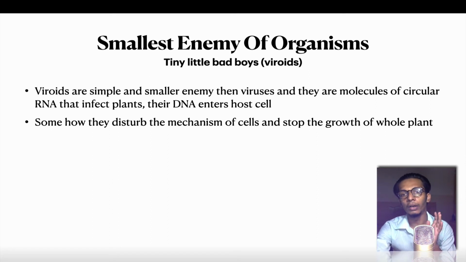This is why we do not exactly know the physiology of the viroids and prions, but we have some hypothesis that they have a DNA and that DNA enters the host cells, and they make changes in the DNA of the host cell, due to which the growth of the plant is stopped, and that's how all the mechanism of the plant is disturbed, and due to which many complications occur in a plant due to viroids.